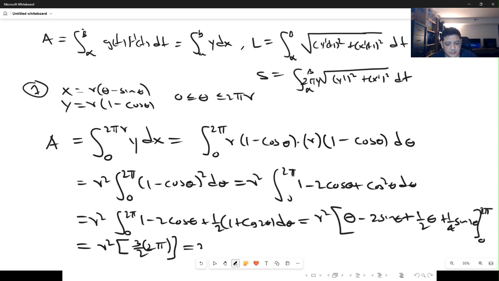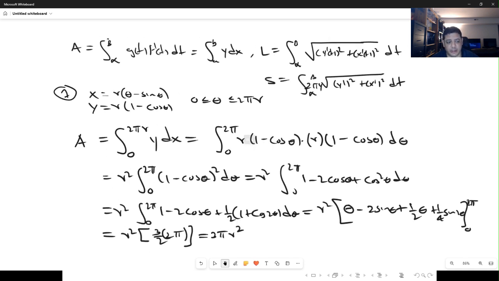So at the end this is going to be 3 pi r squared. This is the area, which is in terms of r, which kind of makes sense because we don't know what r is. Depending on what r is, that's going to be our area.